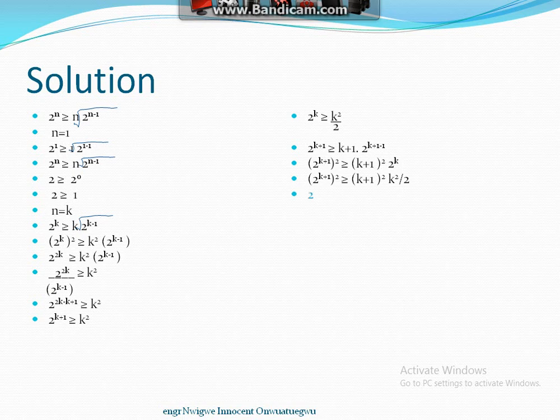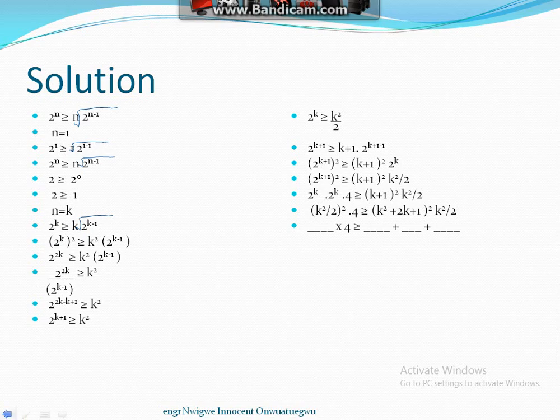That is the same thing as in bracket 2 raised to the power k plus 1 all squared less than in bracket k plus 1 squared, k squared over 2, because of the minus 2 raised to the power minus 1. Anything raised to the power minus 1 is over 2.